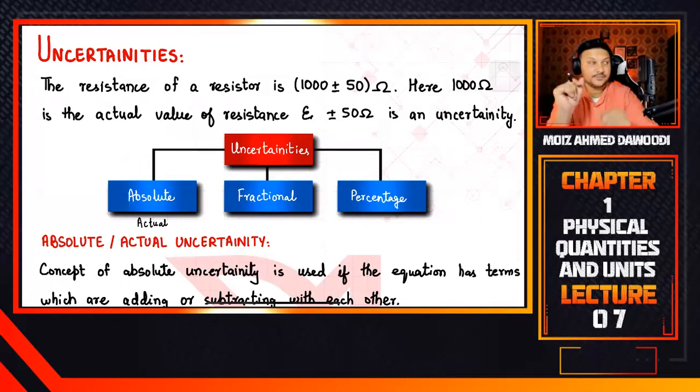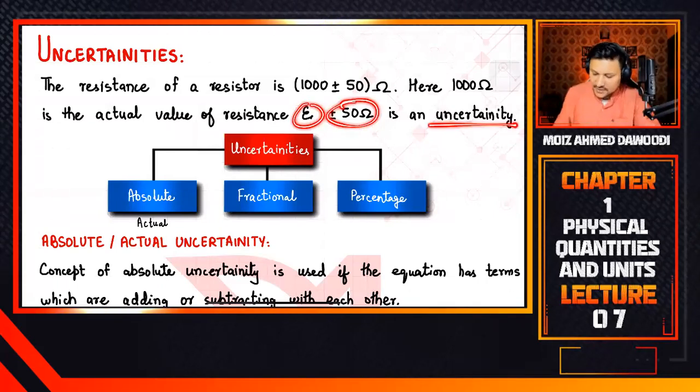So understand it properly. The resistance of a resistor is 1000 plus minus 50 ohms. Okay. Here, 1000 is the actual value and plus minus 50 is the uncertainty.